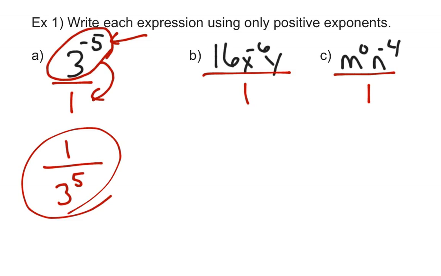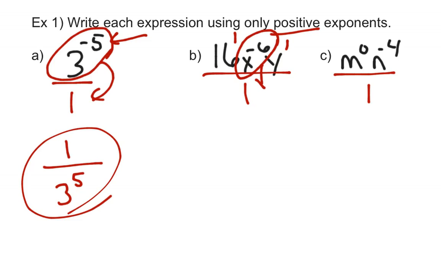All right, so really, the only thing we care about is making everything positive. Right now, if you look at all the exponents, the 16 is a 16 to the 1st power, so that's positive. I'm going to leave the 16 alone because it's already positive. The y has an exponent of 1, so that's good because it has a positive exponent. The one that's unhappy right now, the one that's negative, is that x to the -6th power.